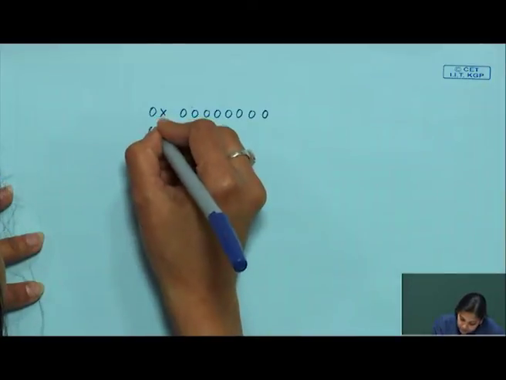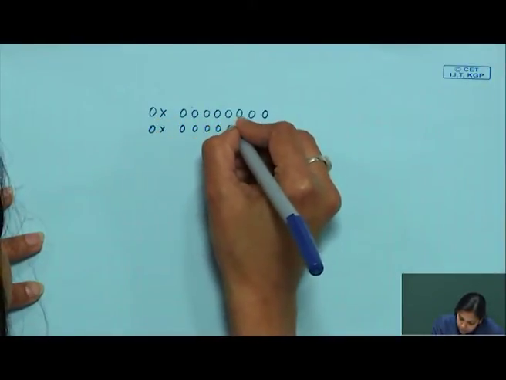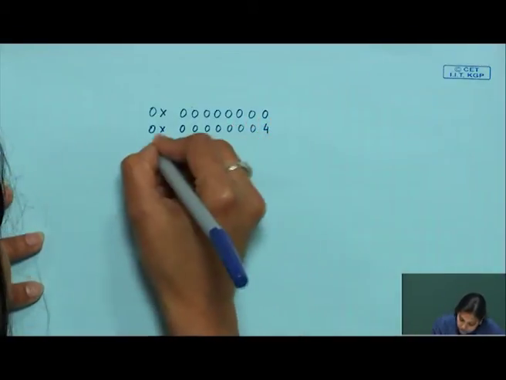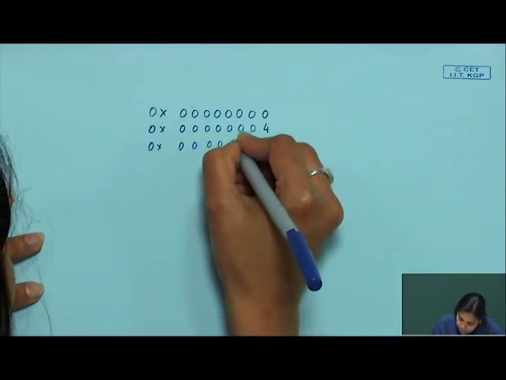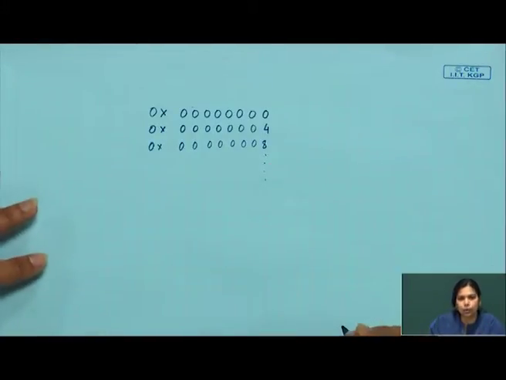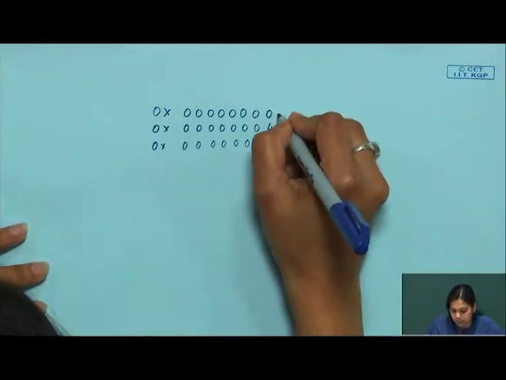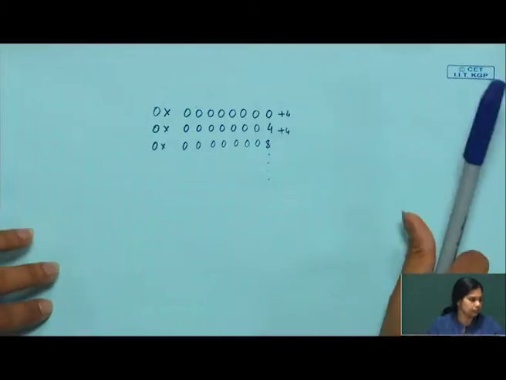Your next address will be and so on. This is how it will go on. So, it is increasing in +4 and so on.